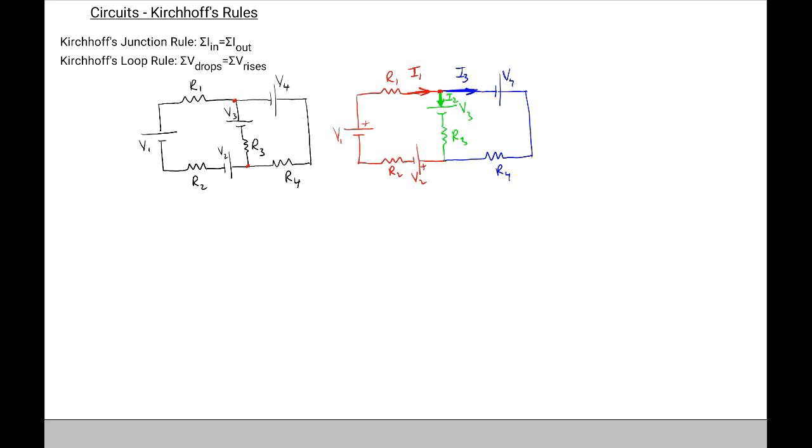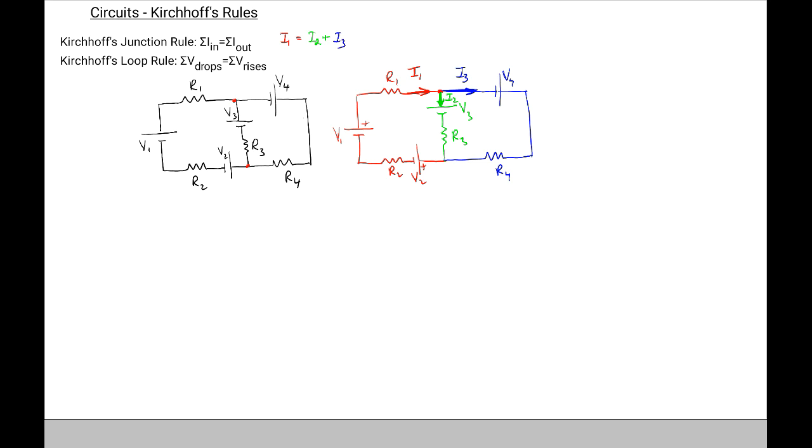So I can write sum of the currents in, that's I1, is equal to currents out, so that would be I2 plus I3. So that is my junction rule.